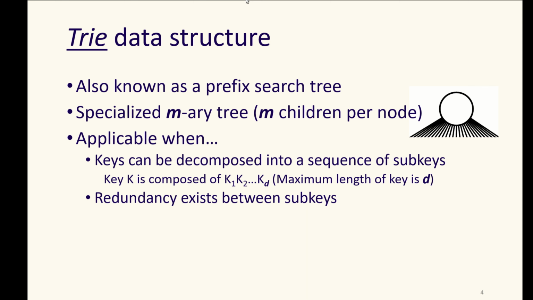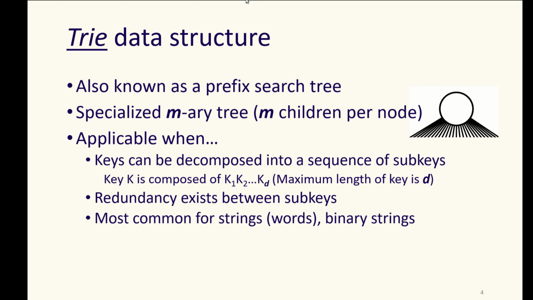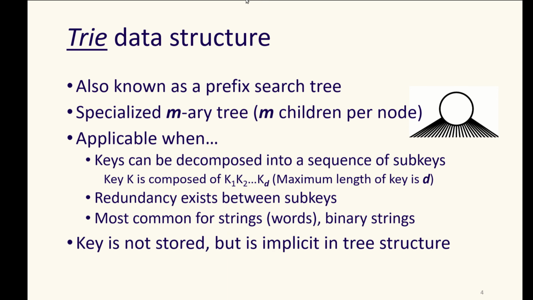The word the, the word there, the word them, and so on. This helps us in our trie being useful for the kind of data that we're dealing with. It's most commonly used for strings, such as words, binary sequences. As I said, genetic sequences of DNA can also be a useful thing to use a trie for.